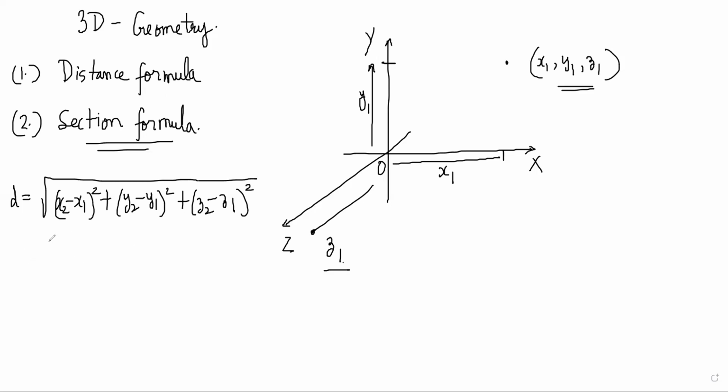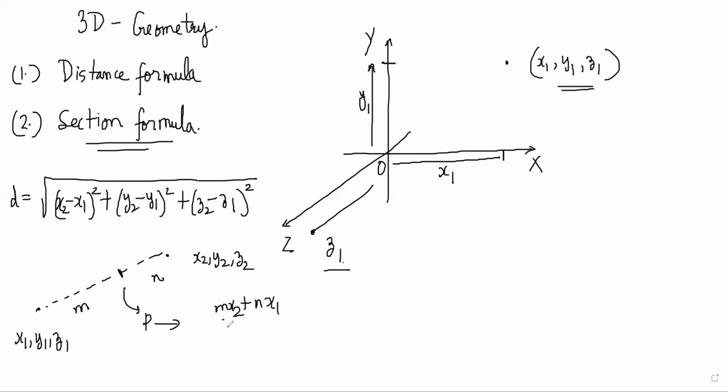And your section formula, again, if your 2 points are divided in the ratio m is to n, then this point P will be calculated using the ratio. So the P coordinates would be m times x2 plus n times x1 by m plus n, and so on for y also, y and z.